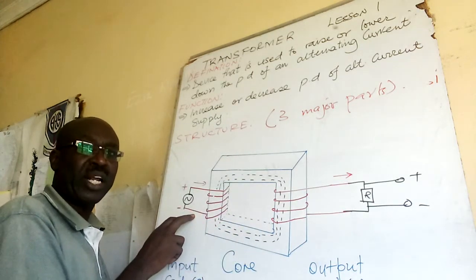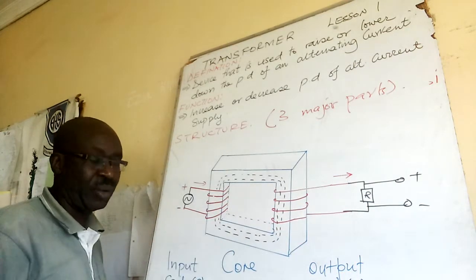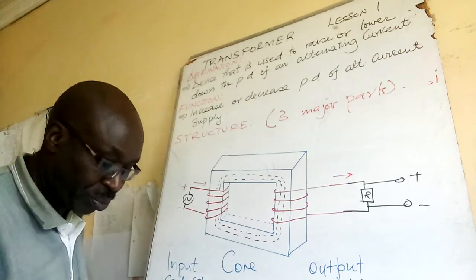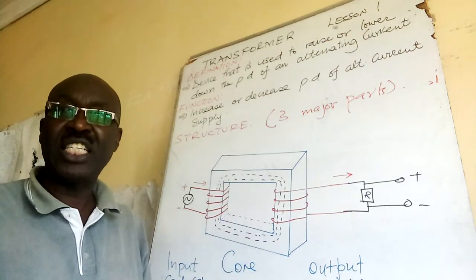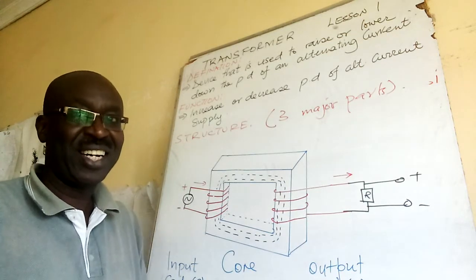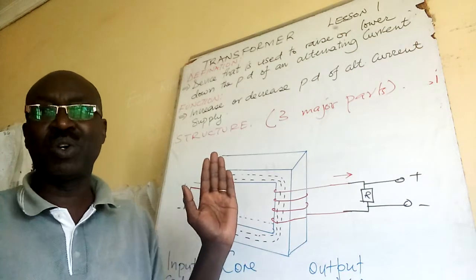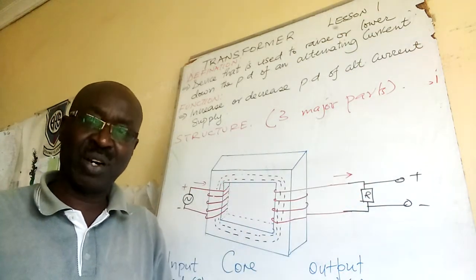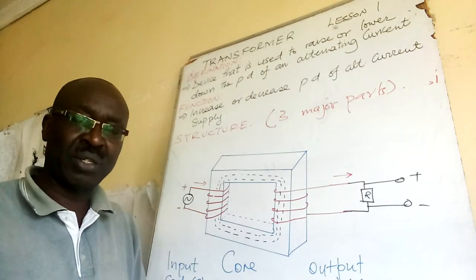The primary winding is not connected directly to the secondary. You can see in the diagram. So our transformer now, if it is 100% efficient, then whatever we gave it is whatever it will give out. That is the assumption we are going to use in the next lesson.